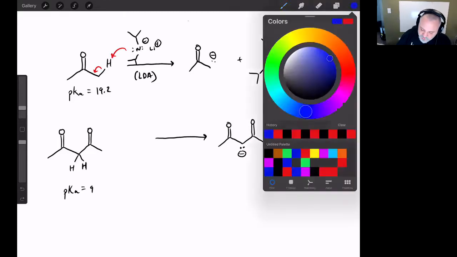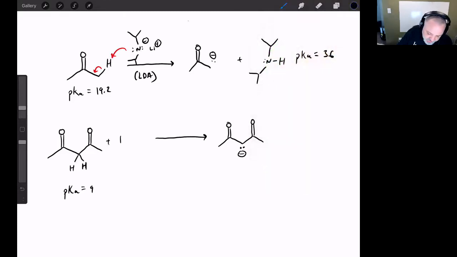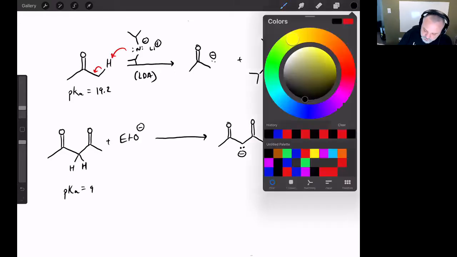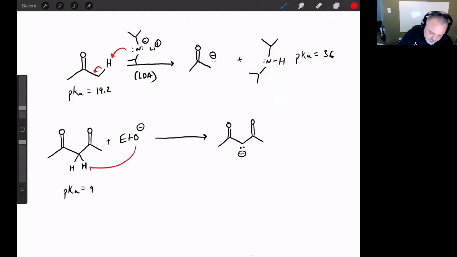And so if I were to go back and take a look at using ethoxide as a base in this case to do the proton transfer, I end up with ethanol as the product. And again, the pKa here is about 16, 15.9.